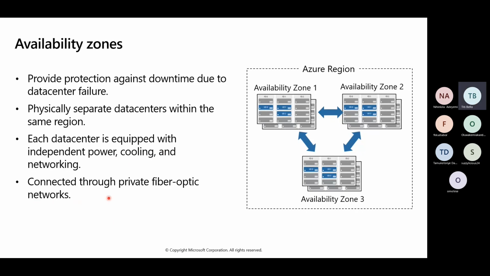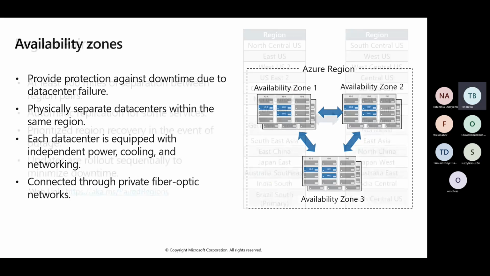Then they are connected through a private fiber optic network. Here we can be looking at the likes of dark fiber. Dark fiber is a type of fiber connection that carries very high speed. It can give you very high throughput in terms of data that can pass through that particular fiber. And fiber is a mode of connectivity that we use in networks today.